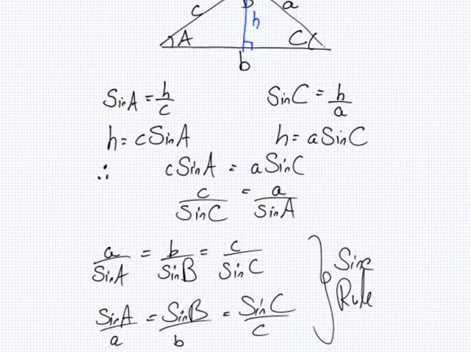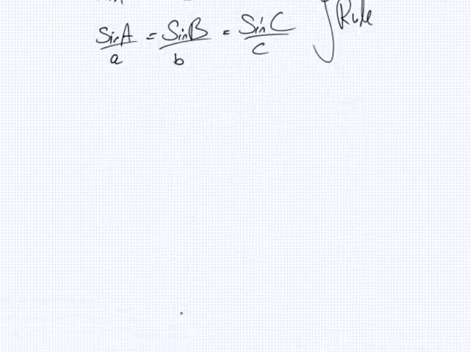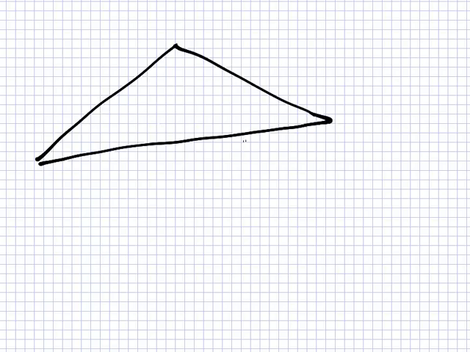Yes. Okay. So, the idea is, if I just draw another triangle again here. What we're saying with the sine rule is that if we were to take a side and divide it by the sine of the angle opposite, that's the same.